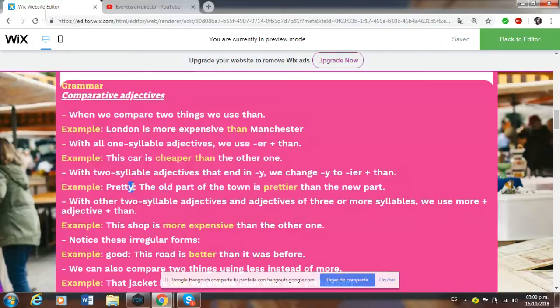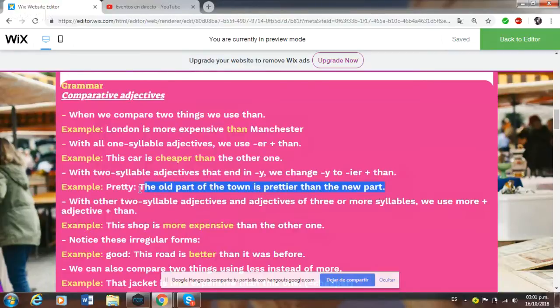These are specific situations. Then we change the y for ier. The old part of the town is prettier than the new part. As you can see, in the word underlined in yellow, we change the y for ier when the word ends in y with two syllables.